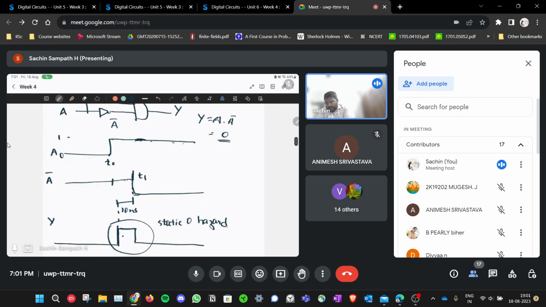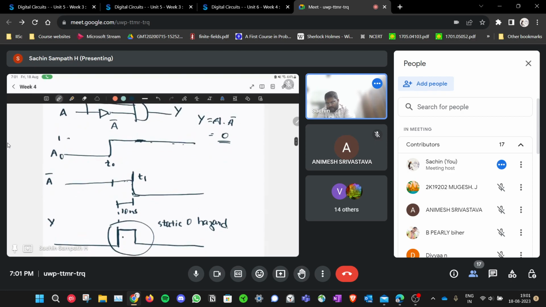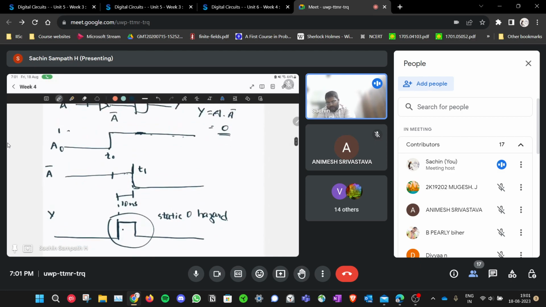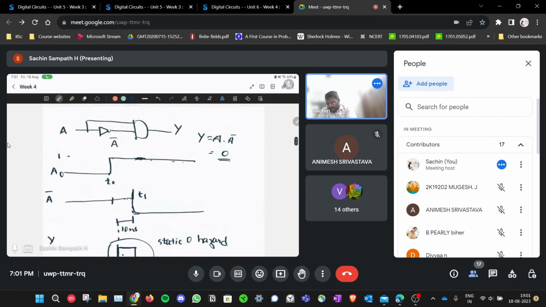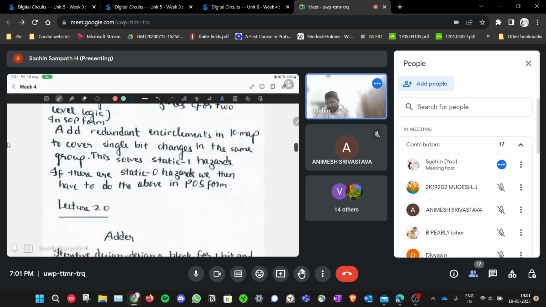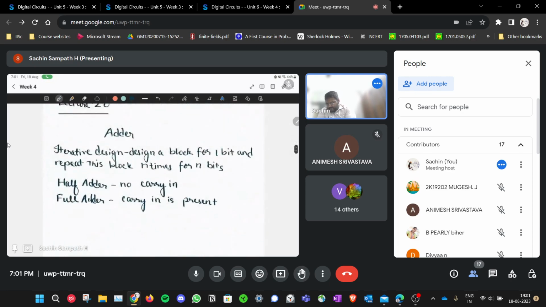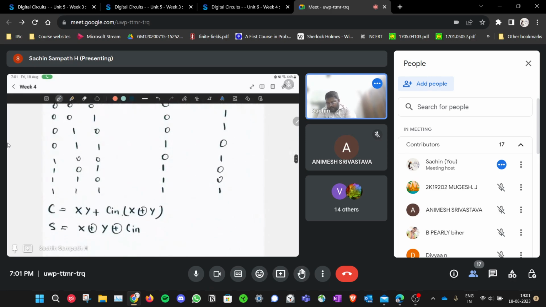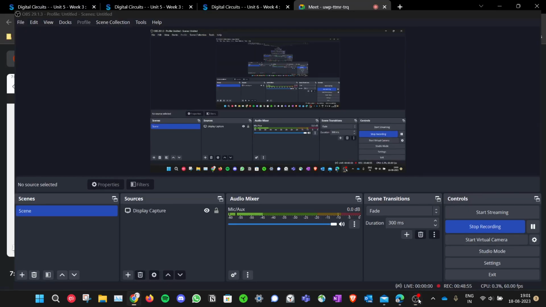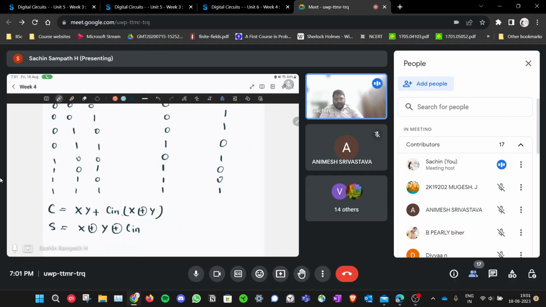So you have to write down the input waveforms and the output waveform depending on how the input is changing. Okay. Any more questions? We still have 1 hour.